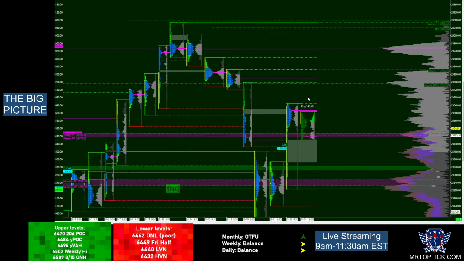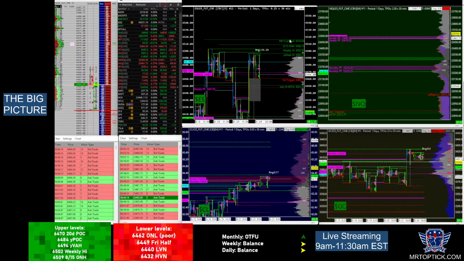But we have to repair this bullish imbalance. It will bring us back to new highs, which it seems like if we get this move up here, it's going to be kind of equal for the SPX to get to that 6,500 target.